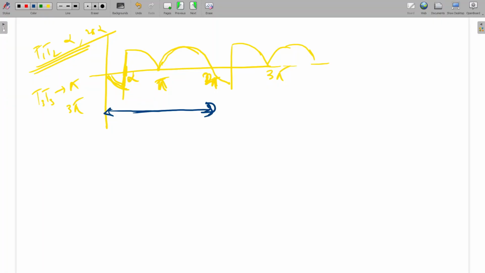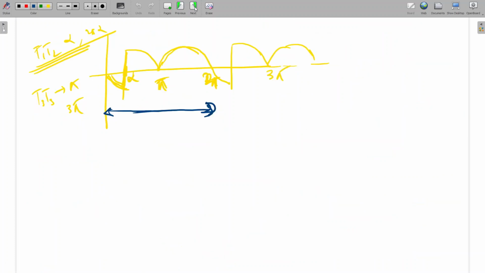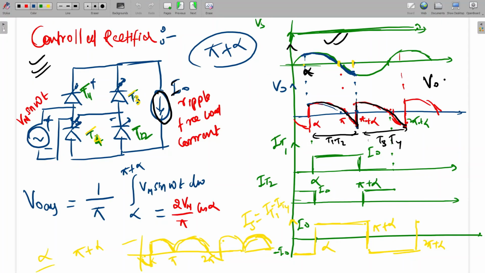Sir, after pi, T1, T2 are reverse biased.